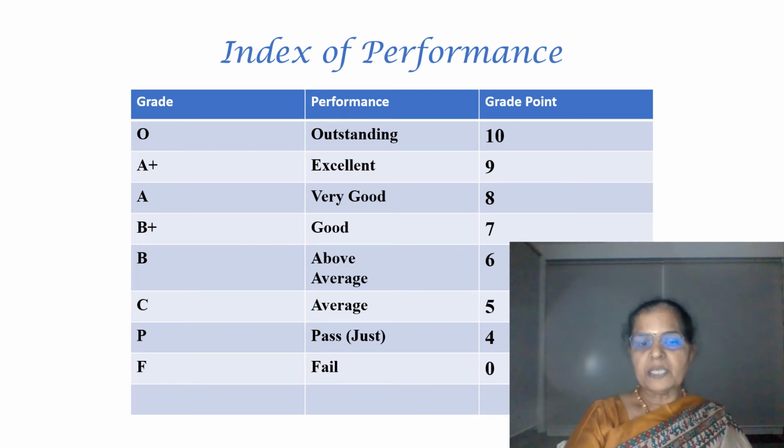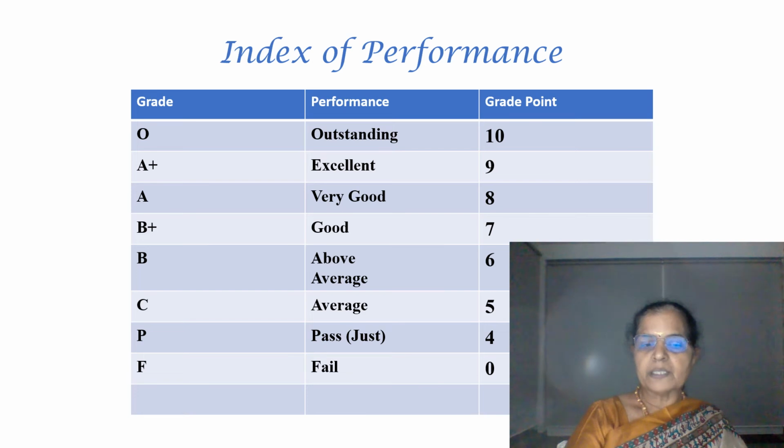A plus means the student has performed excellently, and the grade point awarded is 9. For the grade A, it means very good performance and the grade point allotted is 8. B plus means good and it is 7.